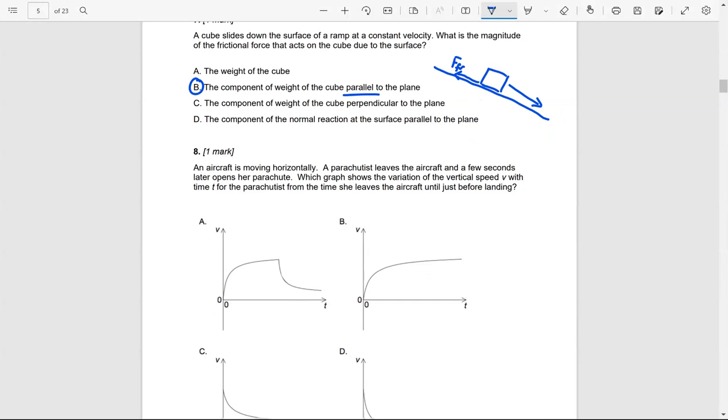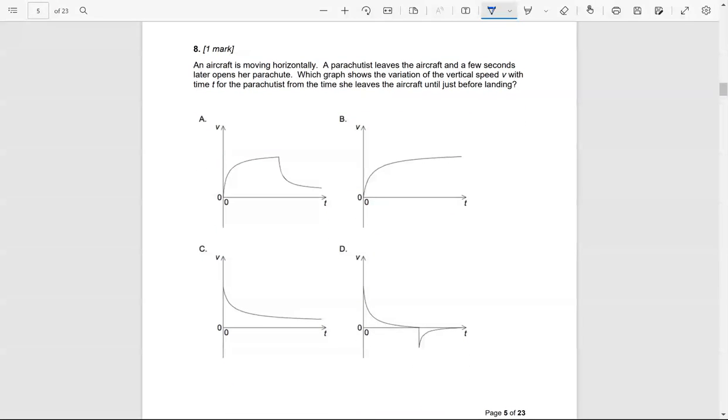Question 8. An aircraft is moving horizontally. A parachutist leaves the aircraft and a few seconds later opens her parachute. Which graph shows the variation of the vertical speed with time t from the time she leaves the aircraft until just before landing? Hopefully you'll recognise this graph. It's one that was learned for IGCSE. It is in fact A. So we have velocity versus time. The gradient is equal to the acceleration due to gravity here.